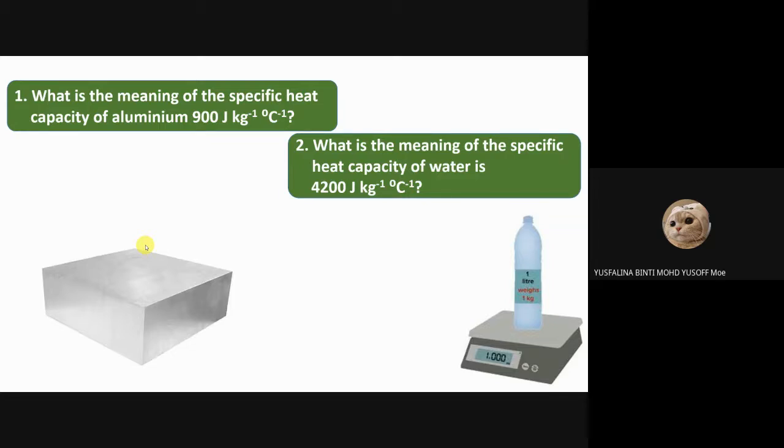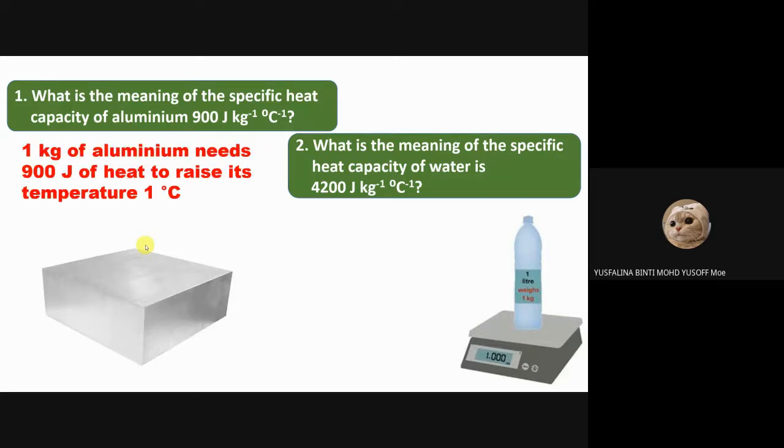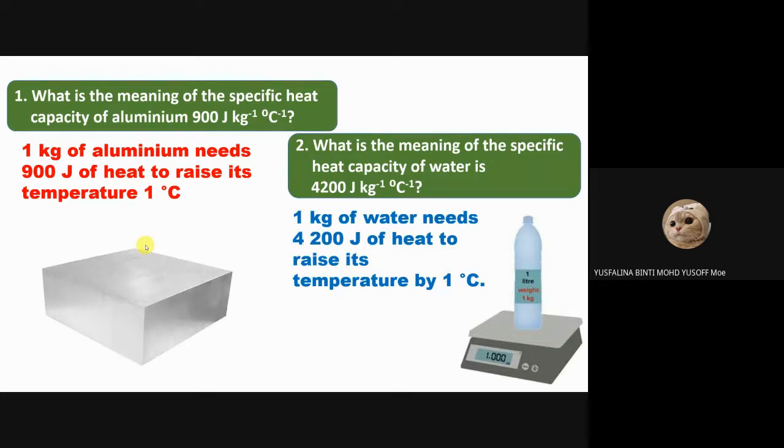So are you clear, Nirupa? Let me give you the answer. So 900 joule means the amount of 900 joule of heat energy needed to increase 1 degree Celsius for 1 kg of aluminium. So this is the answer. You have to include the value also in your sentence, right? And for this one, same.